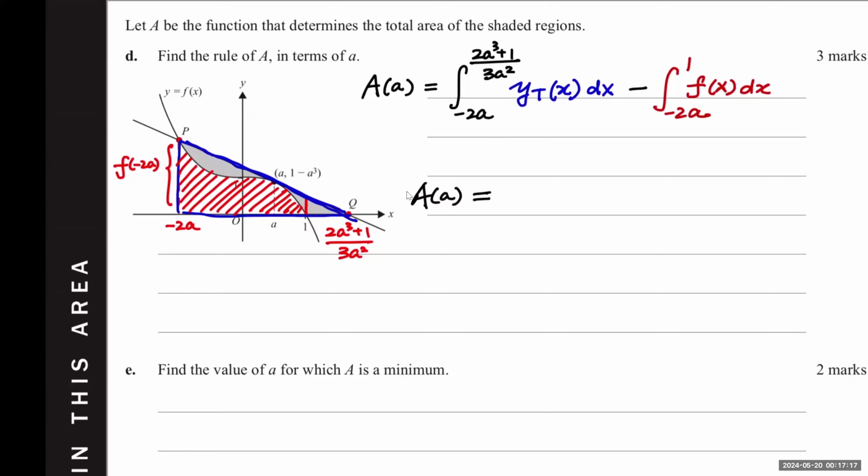And then we try to minimize this function. Notice that the a value is between 0 and 1. This is my domain.